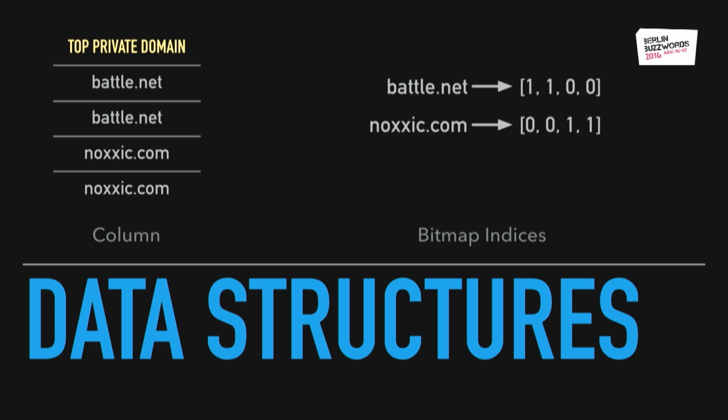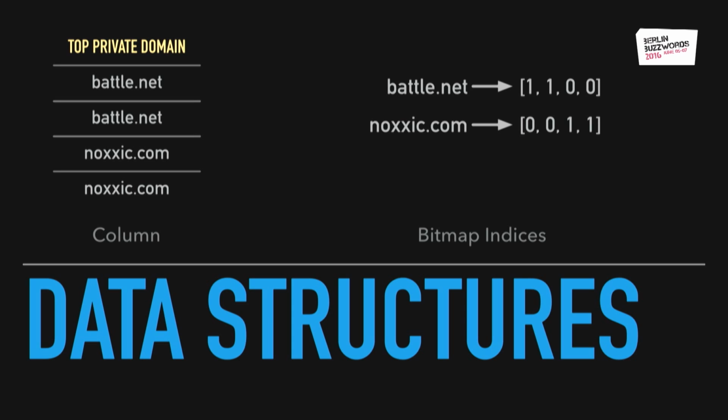And this makes it quite efficient to filter on entries. Like, for example, if we want all entries that contain BattleNet and Noxicom, we could do an OR operation on these 2 arrays and get all columns that contain these 2 entries. Yeah, that's on data structures.